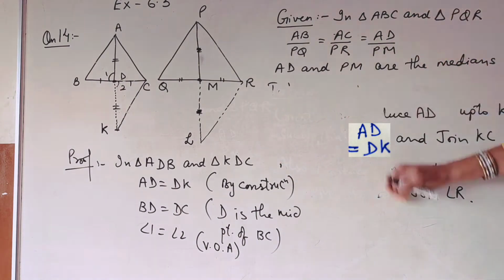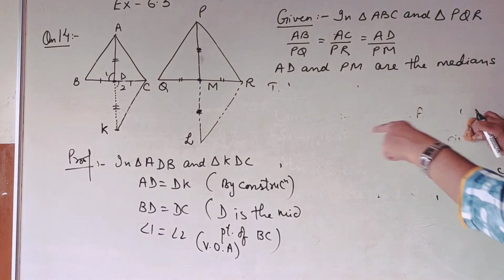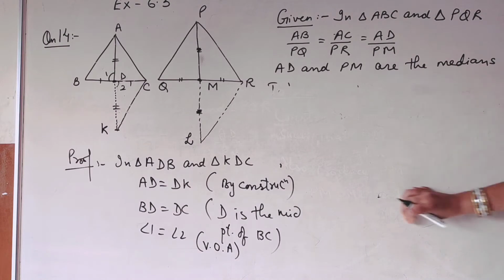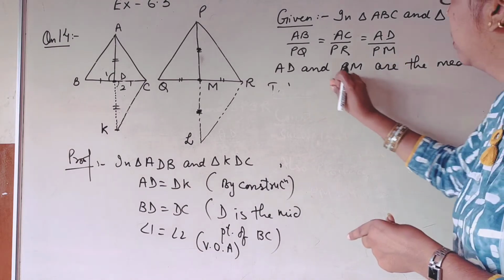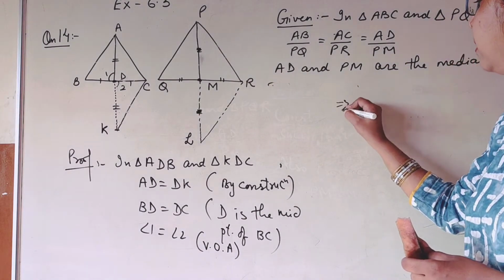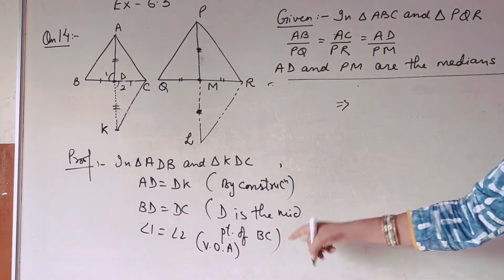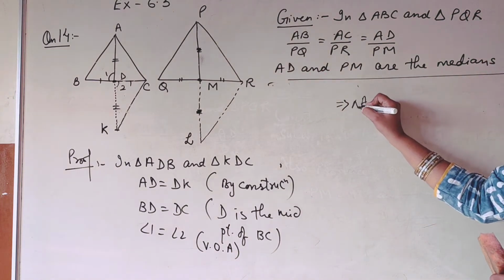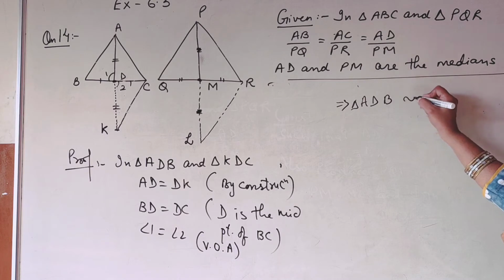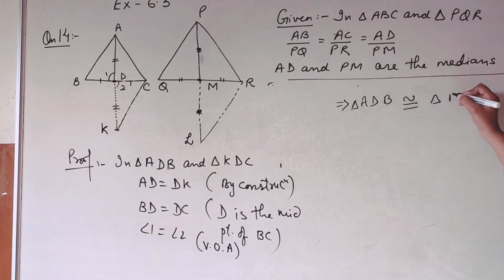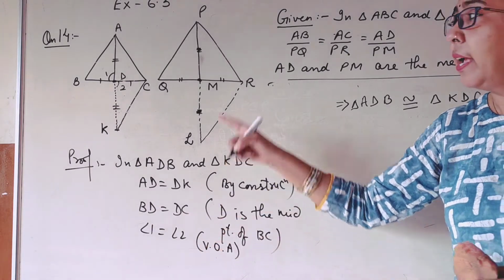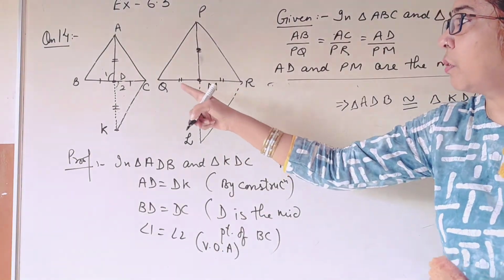Which two triangles are congruent now? From here we have triangle ADB is congruent to triangle KDC, and the rule will be SAS.